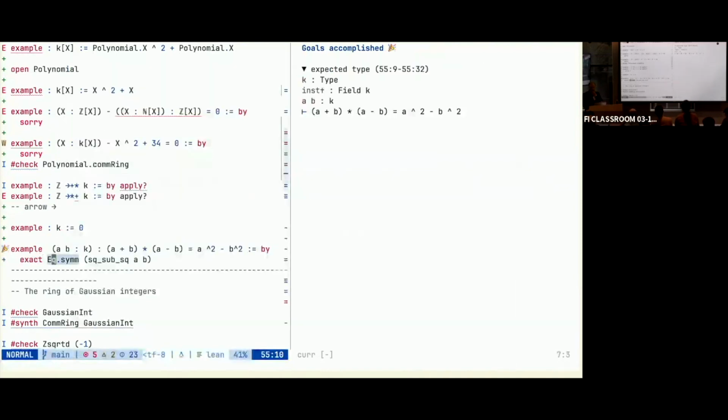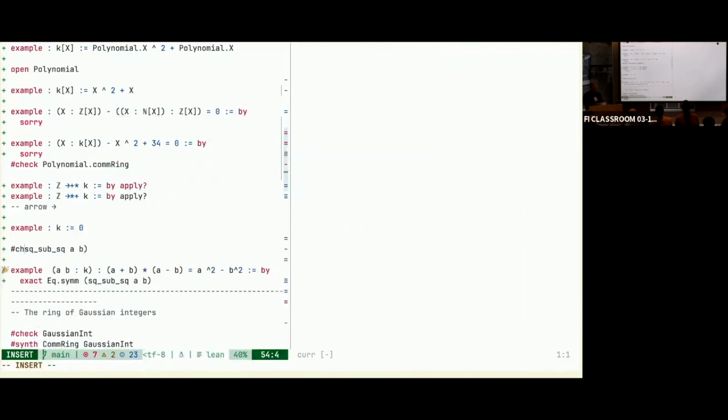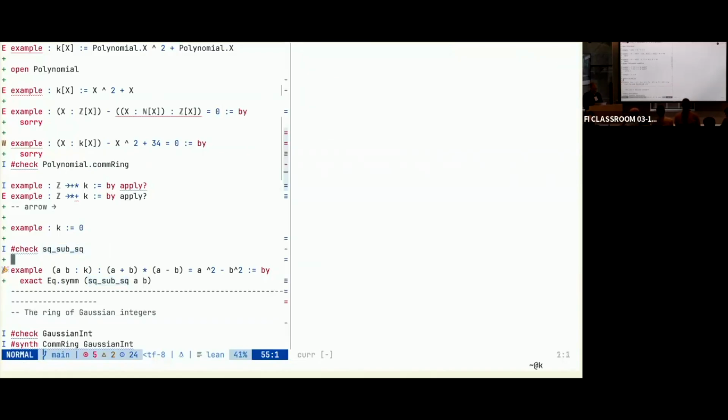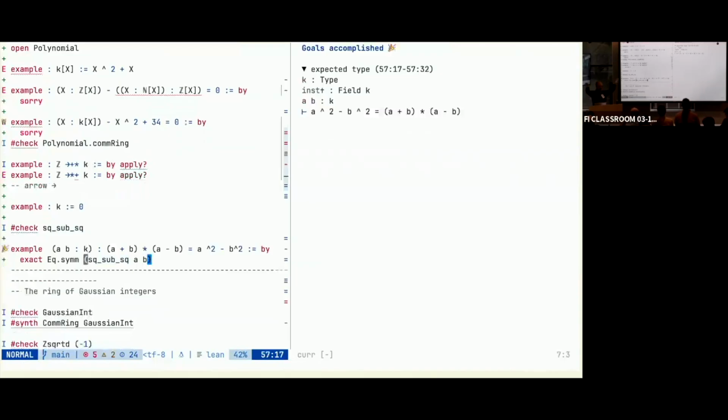It's this bizarre stuff because there is square sub square AB which exists, but says that A2 minus B2 is A minus B, A plus B times A minus B. So the proof that was found is take this proof that those two stuff are equal and put them, take the symmetric.